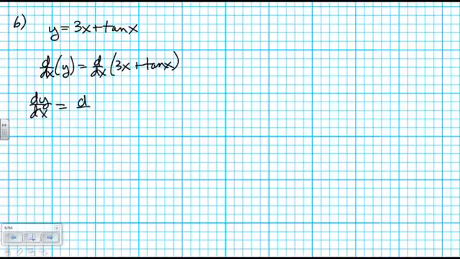We're going to get the derivative with respect to x of 3x plus the derivative with respect to x of tangent. The derivative of 3x is 3. The derivative of tangent is secant squared. And that's problem number 6.